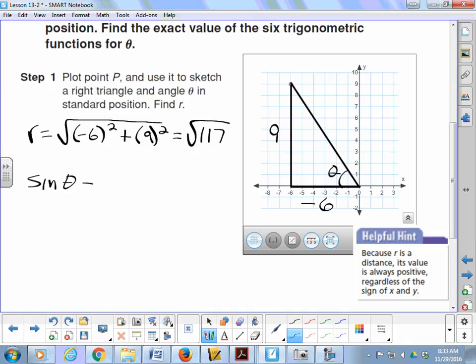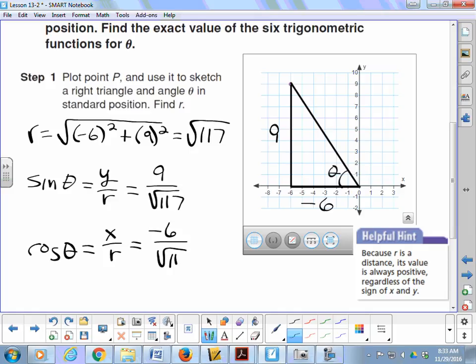So sine of theta. Sine is y over r. So y is 9, r is the square root of 117. Just going to leave it like that. Cosine is x over r. x is -6 over the square root of 117 then.